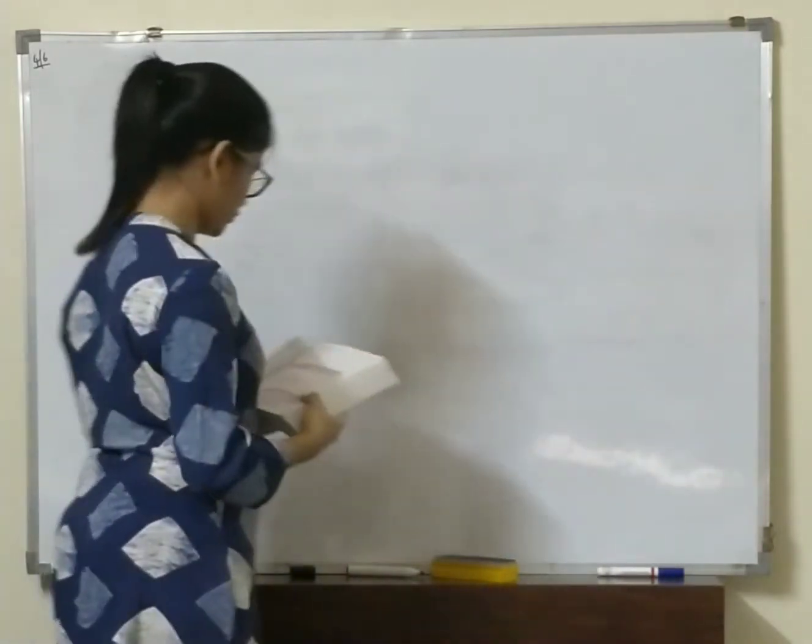Take down the next question. Write down the question. From the following, compute current ratio. Next line. Total assets 1 lakh.